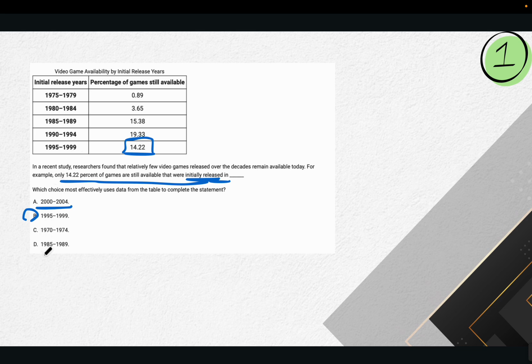For option D, the question is 1985 to 1989, which we see that it's 15.38%, not 14.22 as given on the graph. So basically, by looking at it, we can completely get rid of C and A at the very start of thinking of the question. So let's continue.